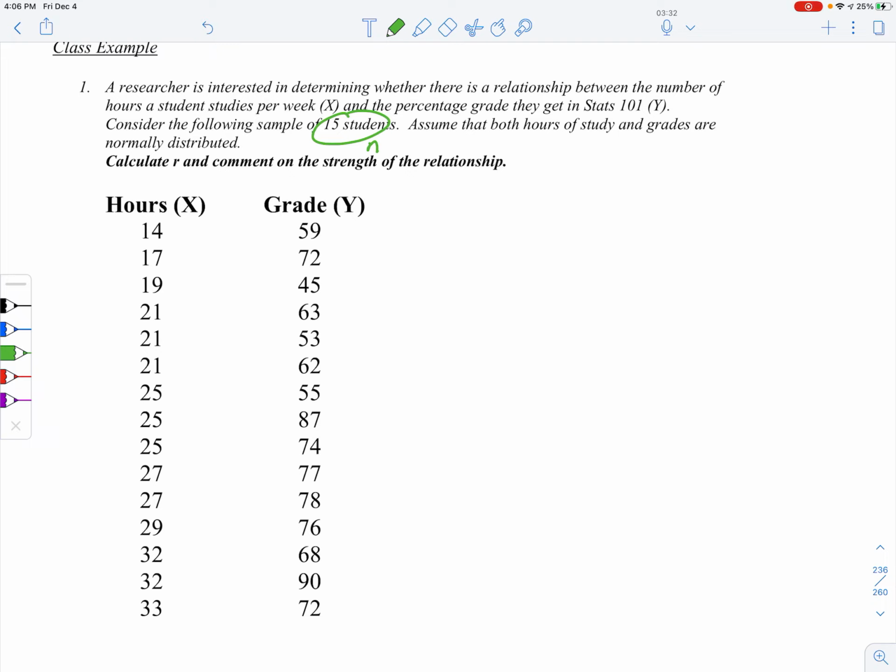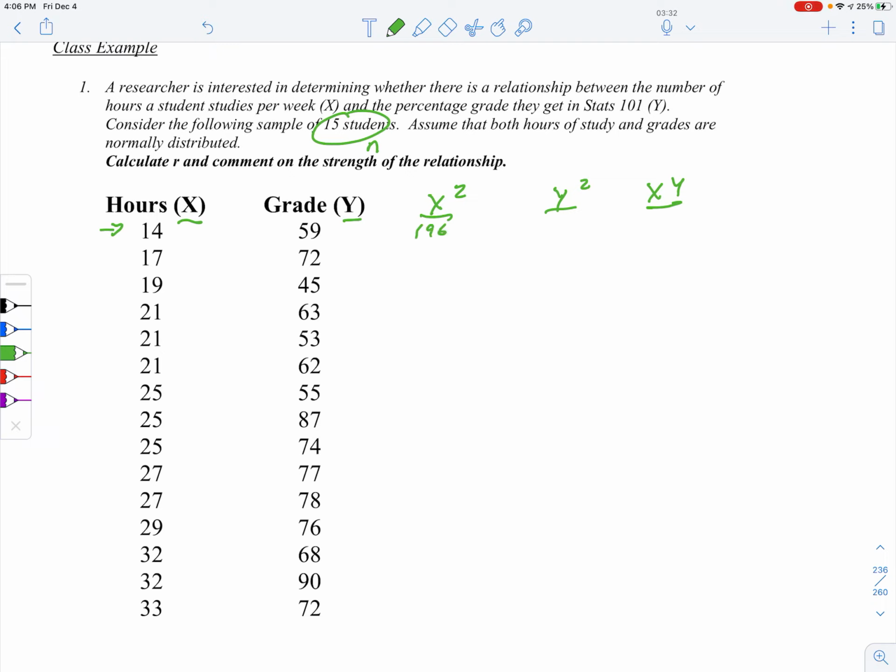Then what we're going to do is set up columns here. So we've got an X column, we've got a Y column. We're going to have an X squared column, a Y squared column, and an XY column. And all we do in each case is go row by row. And so 14 squared is 196.